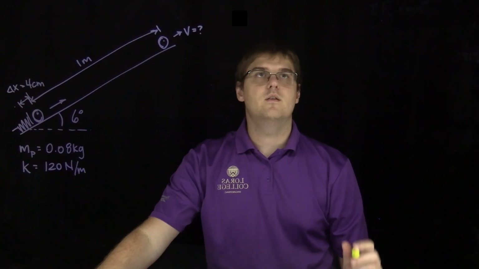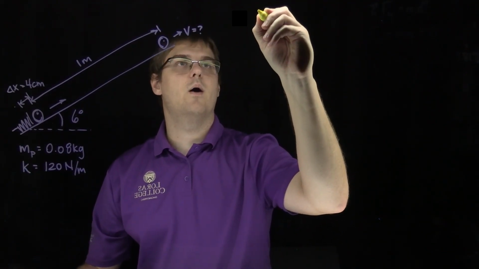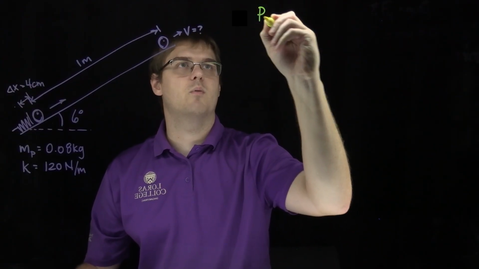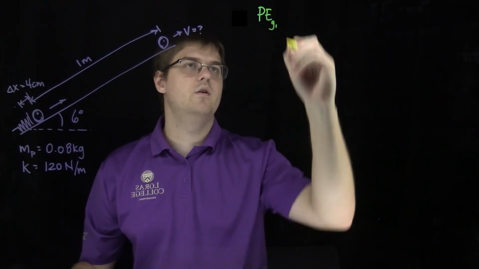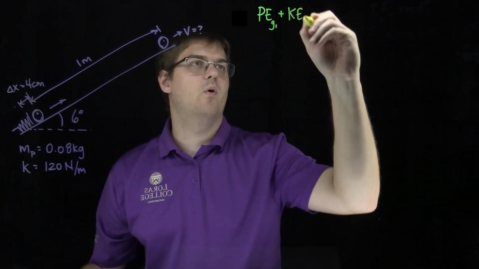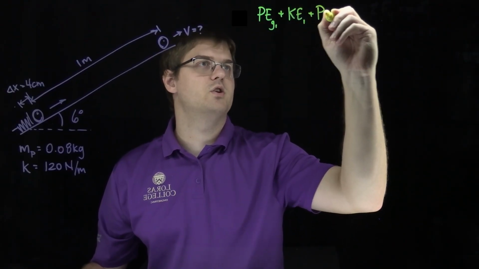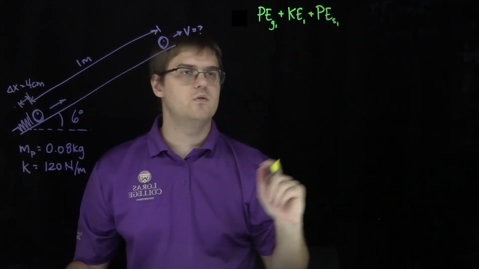So what we can say is that our overall energy now has an extra piece added to it. Our gravitational potential energy at 1, plus our kinetic energy at 1, plus our potential energy of our spring at 1. This is our new piece.